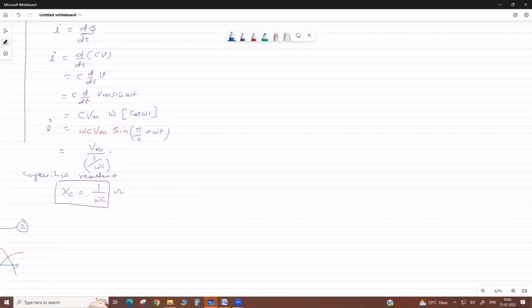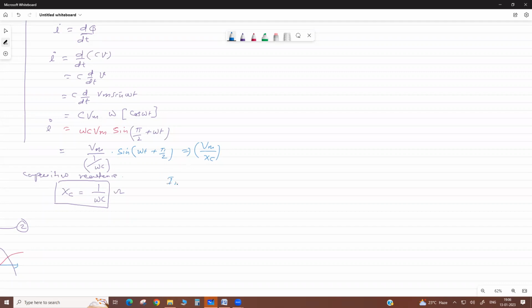And here, sin, this we can write as omega t plus pi by 2. Because the unit is ohm, it is Vm by Xc, this is the current.